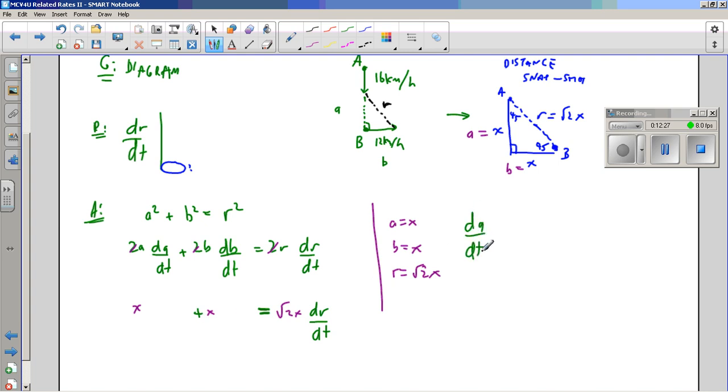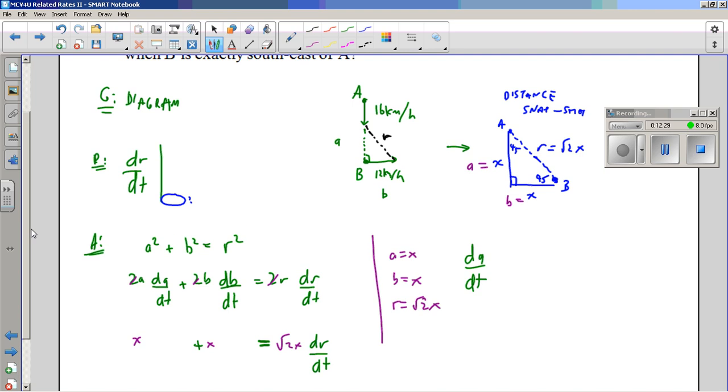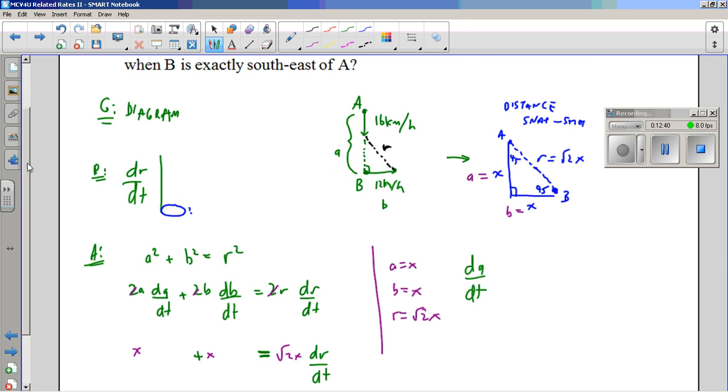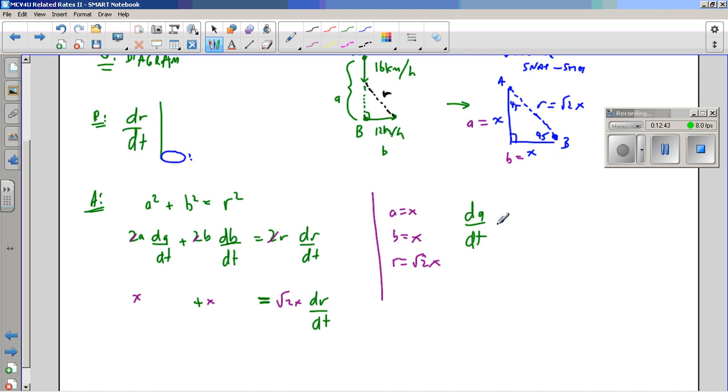dA dt. Well, what's the rate that A is changing? If this is A in here, it's shrinking, right? Because A is getting smaller by 16 kilometers per hour. dA dt is negative 16. And what's dB dt? Well, it was 0, and then it grew, and it's growing by 12 kilometers per hour, right? So dB dt is 12.